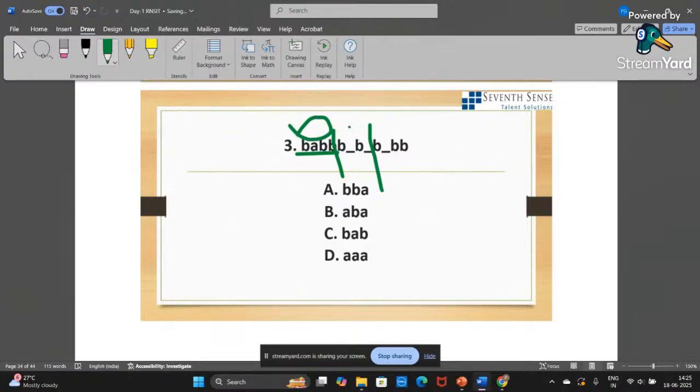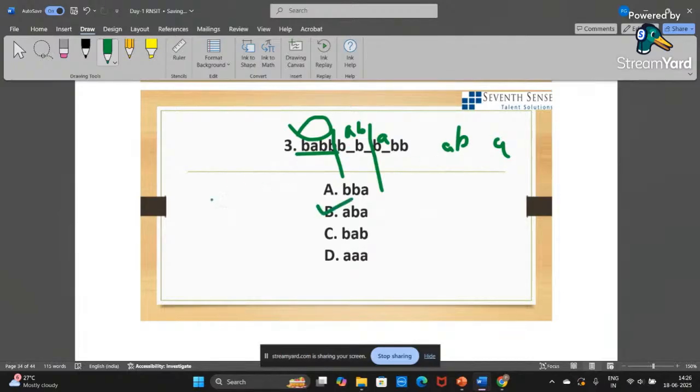BABB means here also it has to be A. And next it has to be B. And here it has to be A. So check with the options. Is there any option with A, B, A? Yes, we have the option.